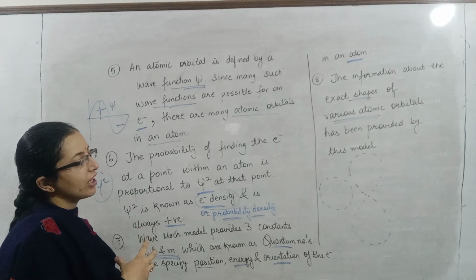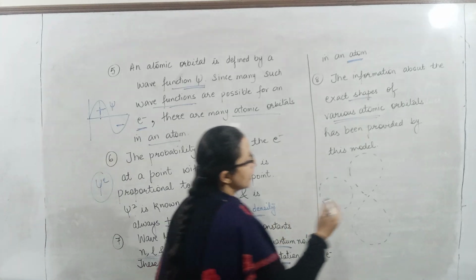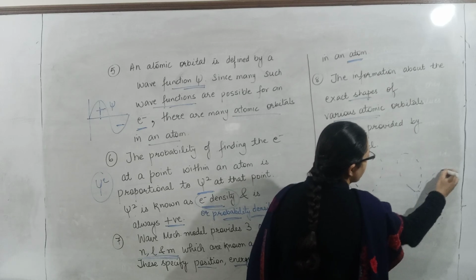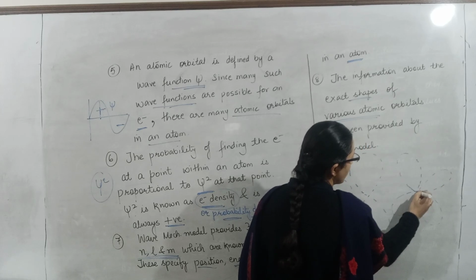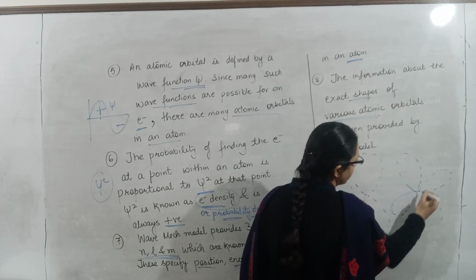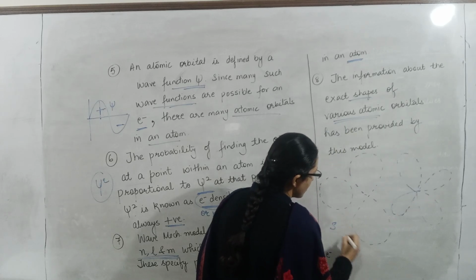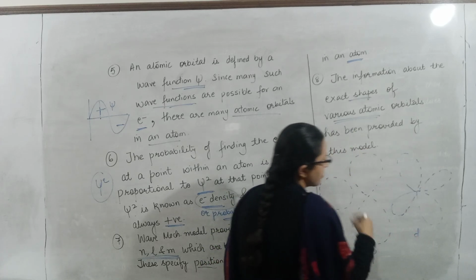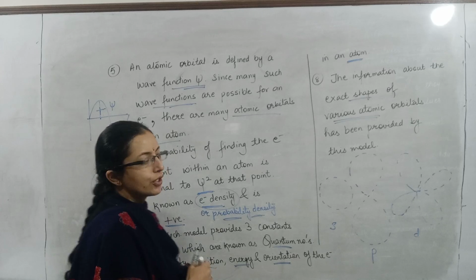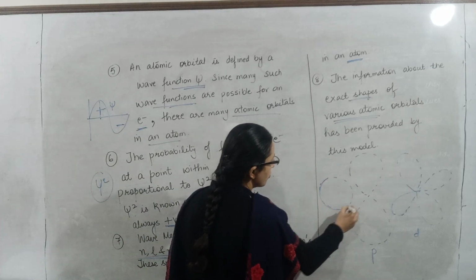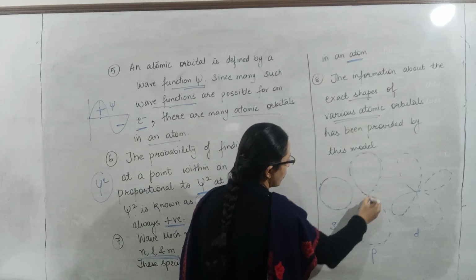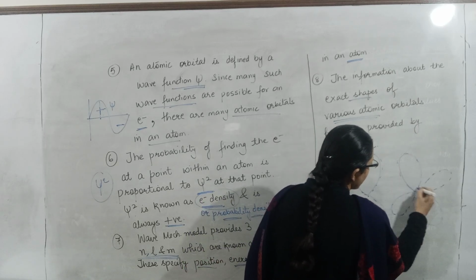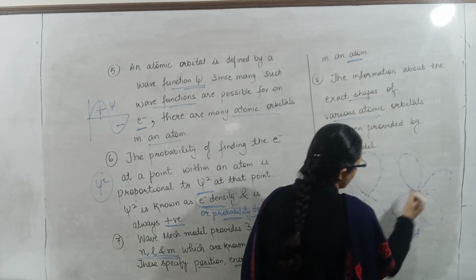So s orbital is spherical, p is dumbbell shape, then d orbital is bidumbbell. Bidumbbell means there are two lobes. These shapes have also been predicted on the basis of the solutions of the Schrodinger equation.